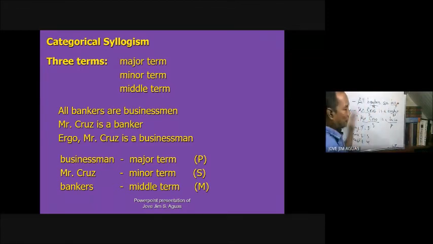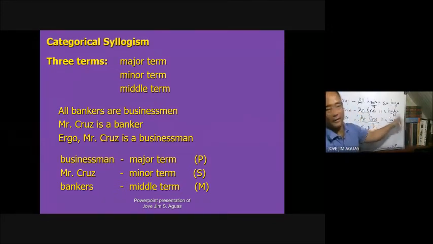In this example, it's on the predicate side. The minor term is always the subject of the conclusion. That's the S. That's why it's S, subject. And it is also found in the minor premise. And in the minor premise, it could be on the subject side or on the predicate side. In this example, it's on the subject side. And the third is the middle term, and that is the common term in the two premises. In this example, it's the banker.